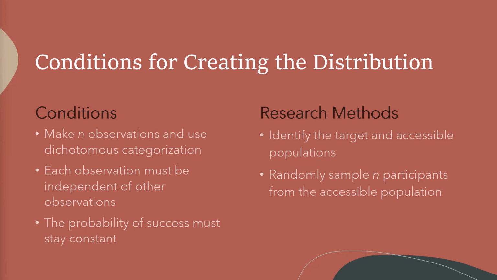We want to take each observation independently of the others and make independent observations that allow us to categorize each participant. So when we are deeming whether a participant was successful or whether a participant failed in the task, we again want to do that in a way that that observation doesn't influence the observation we make of other participants.